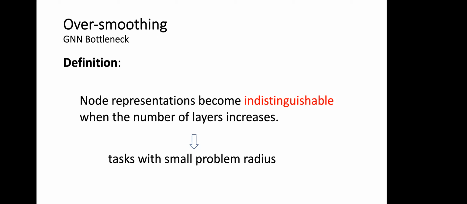Short-range tasks are tasks that have a small problem radius, where a correct prediction mostly depends on the local neighborhood. Since the learning problems depend mostly on short-range information in these datasets, it makes sense why more layers than the problem radius might be extraneous.